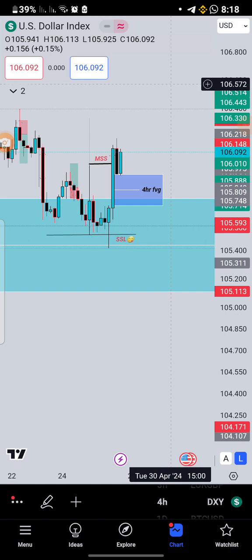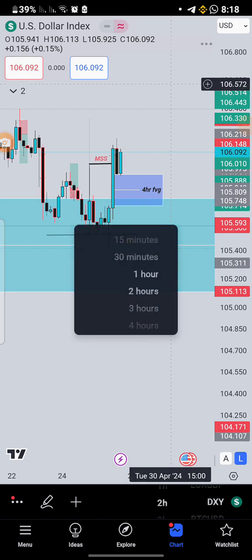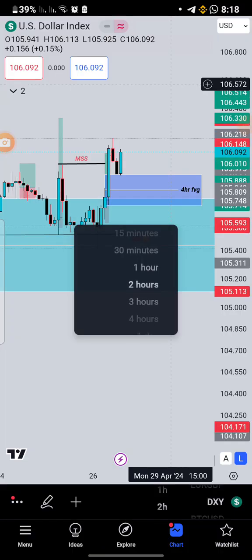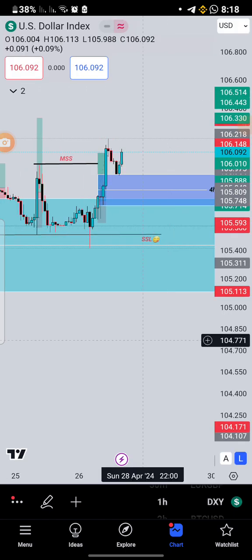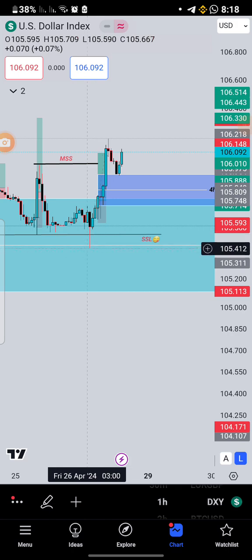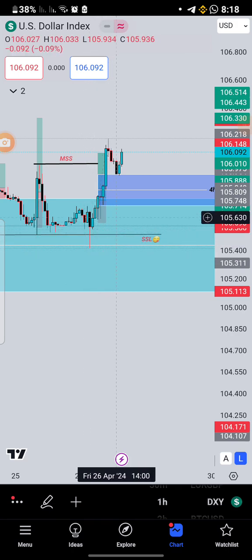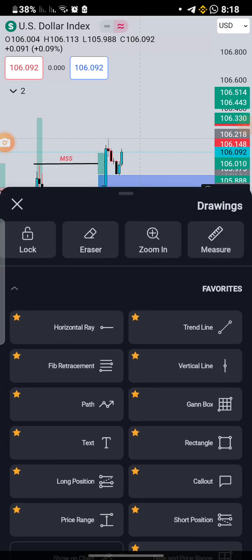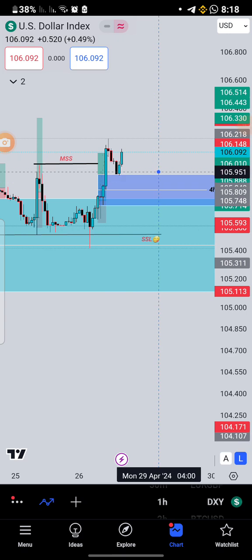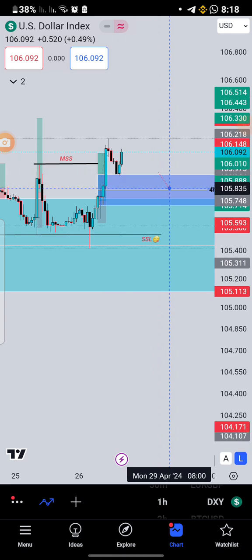So my anticipation for the week, if I drop to the hourly time frame, I want to see this low hold. But if we see a dip into this fair value gap, then I'm expecting to see something.